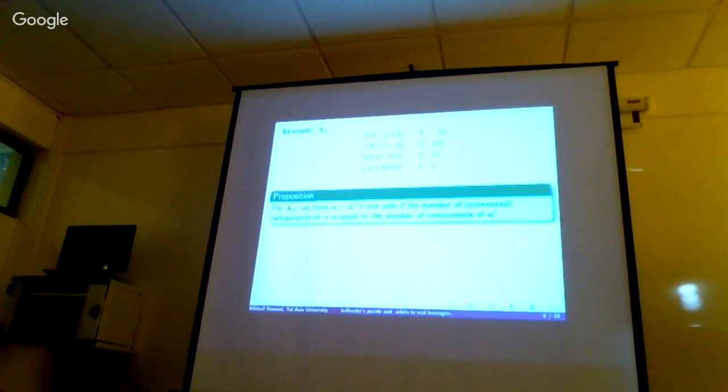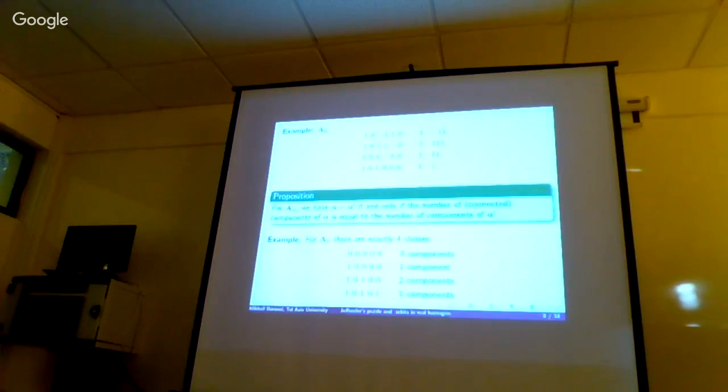Questions? Example: for A5, we have exactly four classes: 0 components, 1 component, 2 components, and 3 components. We cannot have 4 components, it's clear.